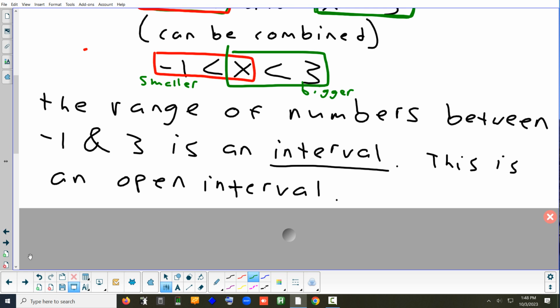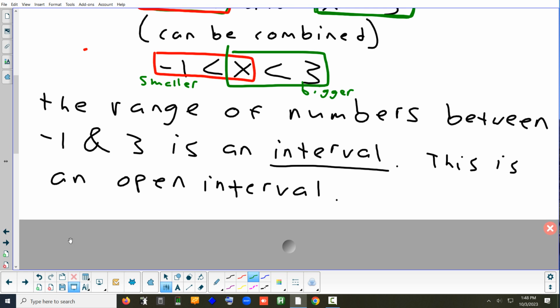No, because it has those less than symbols. When you have an interval that doesn't include the number on either end, that is called an open interval. Open means it doesn't include -1 and it does not include the 3.